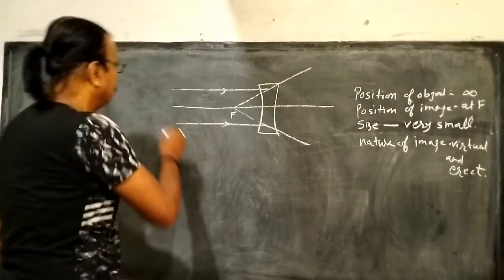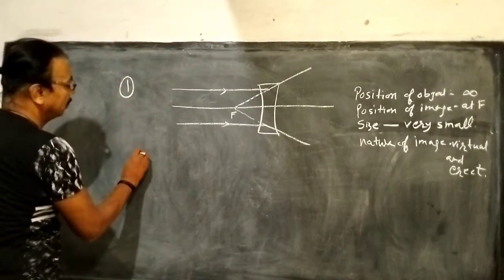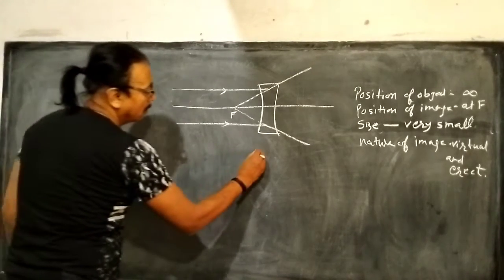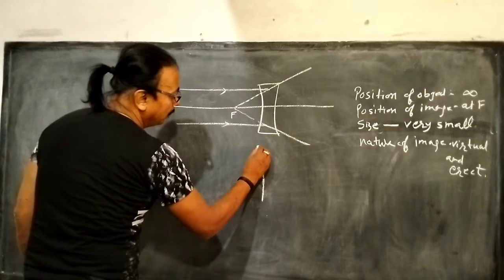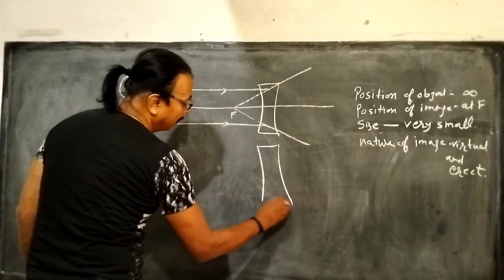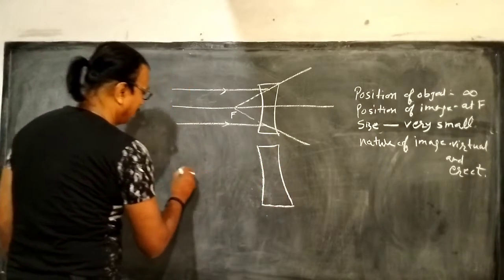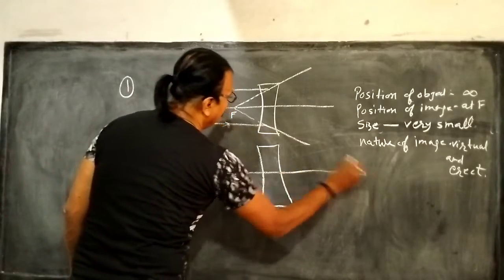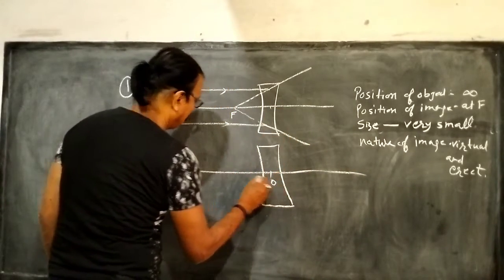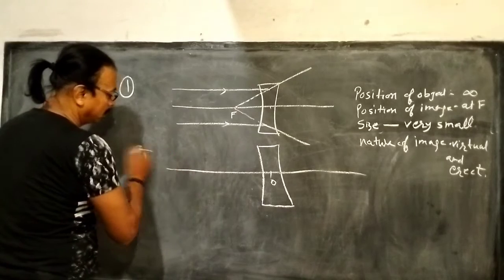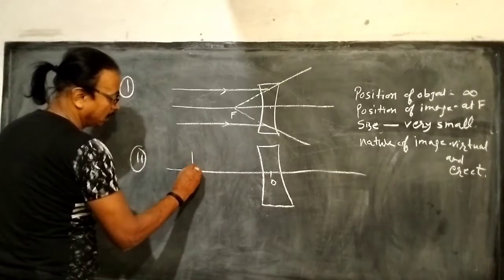This is the first case. Second case, object between infinity and optical center. This is the optical center and this is infinity. Suppose the object is here.